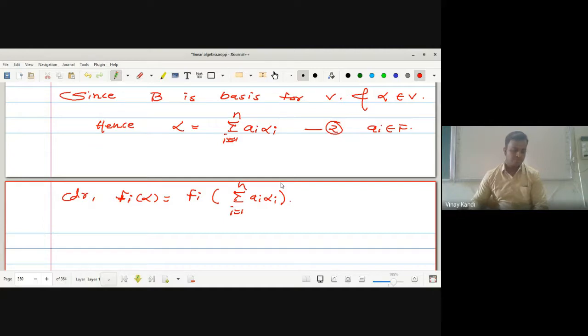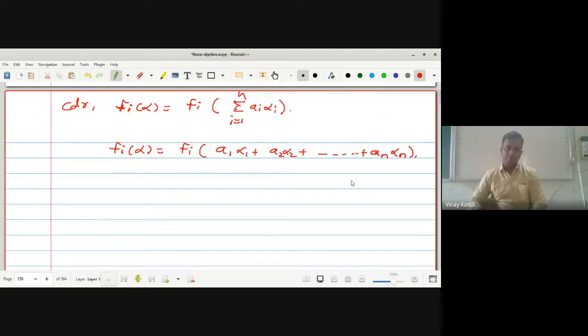Okay, so fi of alpha is equal to fi of a1 alpha 1 plus a2 alpha 2 plus, up to so on, an alpha n. Okay, so fi of alpha is equal to, fi is what?